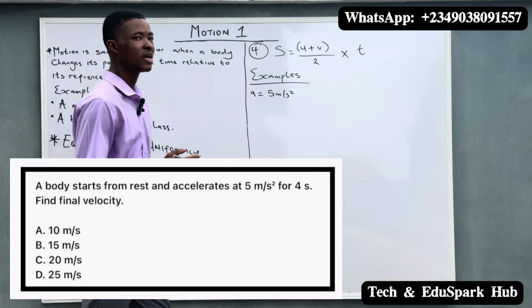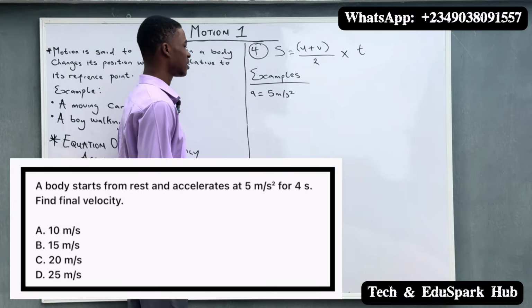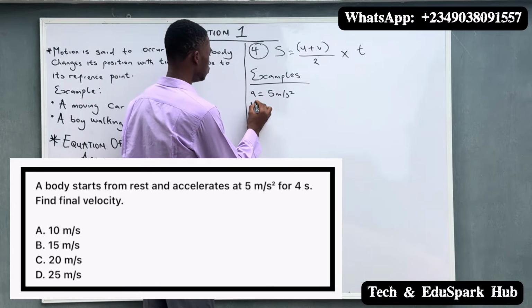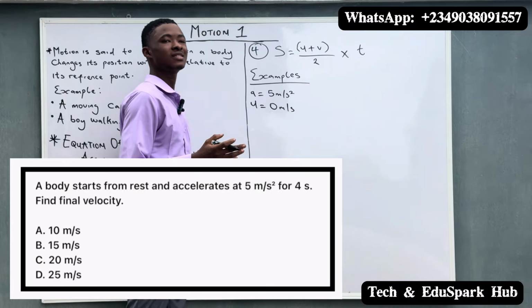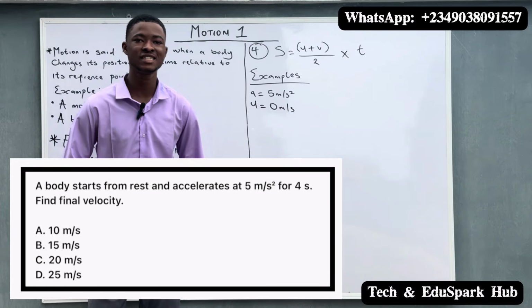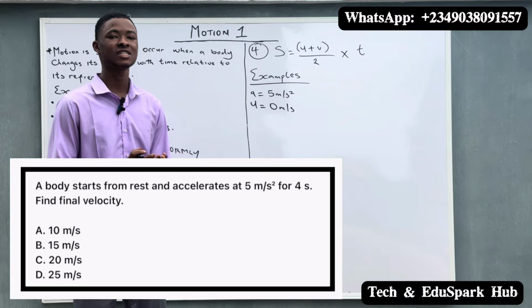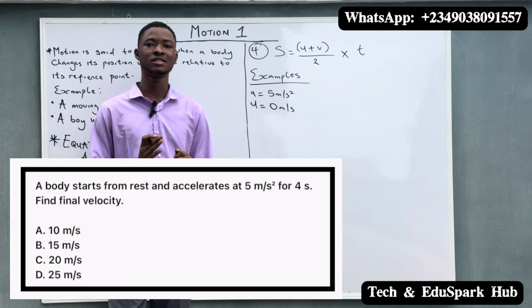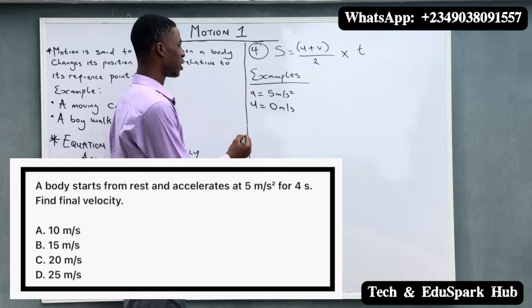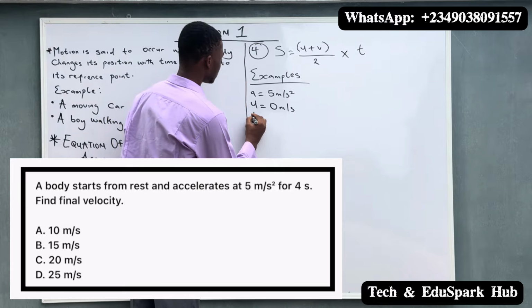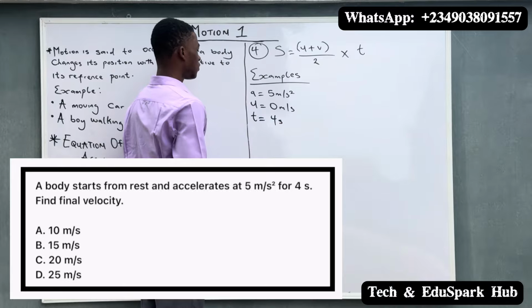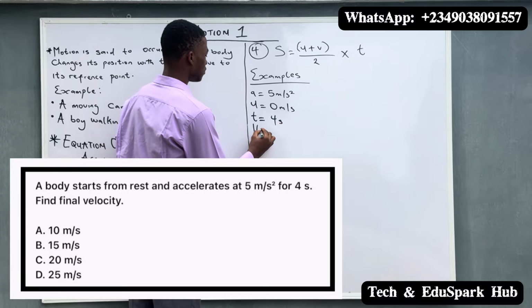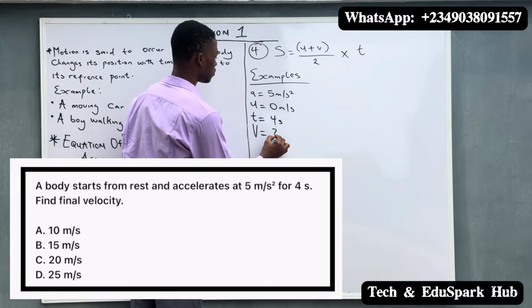The question also says the body starts from rest, so our initial velocity, u, is 0 meters per second. We are given our t, which is 4 seconds. And the question is asking us to calculate our final velocity, v, which is unknown.